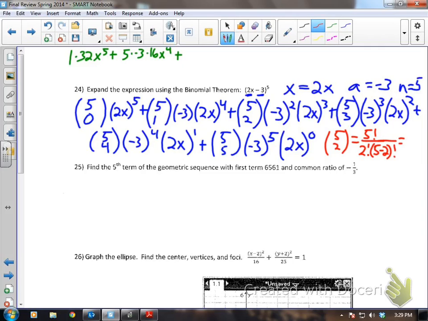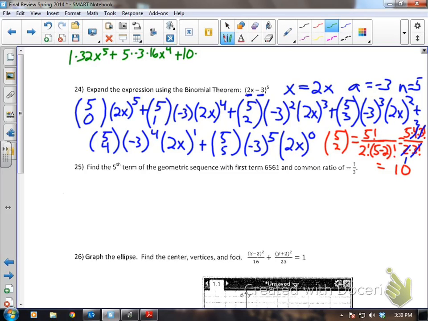Okay, so 5 factorial means 5 times 4 times 3 factorial, and 2 factorial is just 2 times 1, and 5 minus 2 is 3 factorial. So then I can reduce my 3 factorials, and I can reduce my 2 with my 4, and it ends up being 10. If you'll recall, we did that one in class together, so that turned out to be 10.